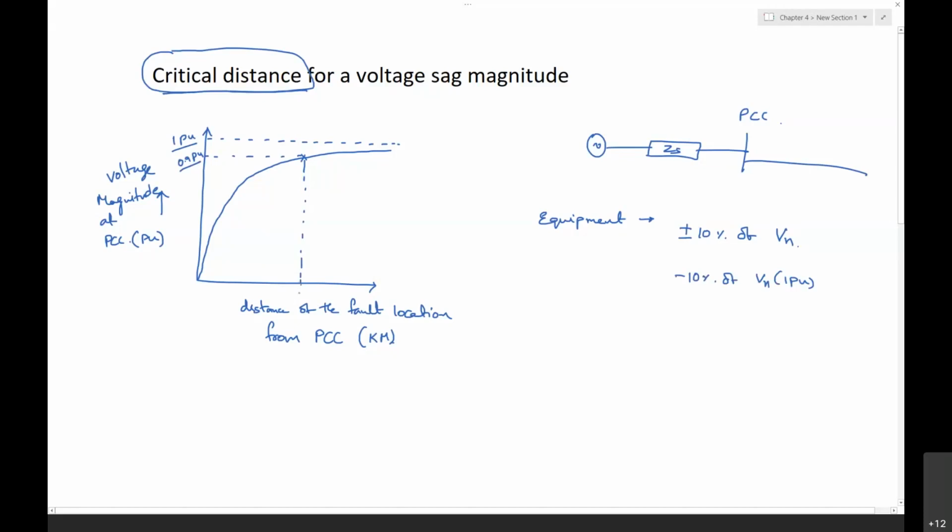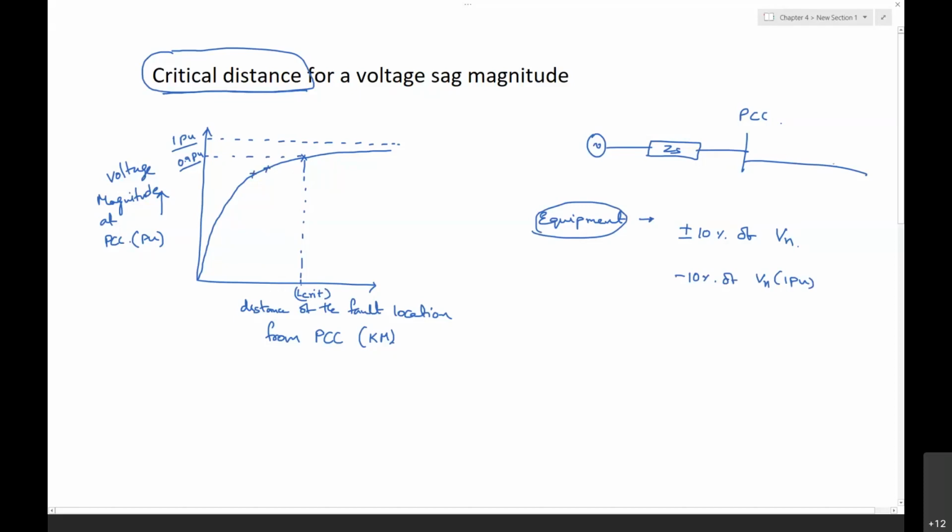This is the critical distance, L critical. Beyond that, if you connect an equipment at less than the critical value, the equipment may not perform satisfactorily.